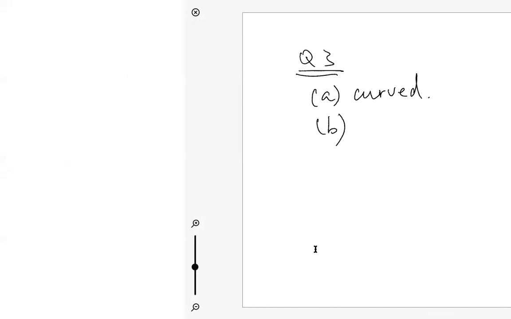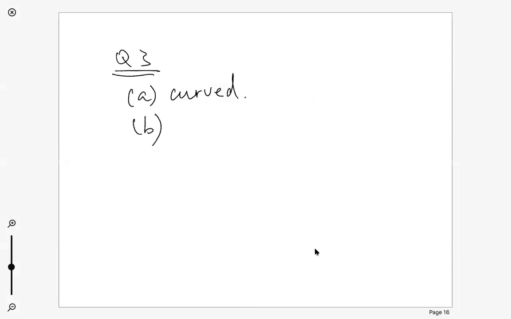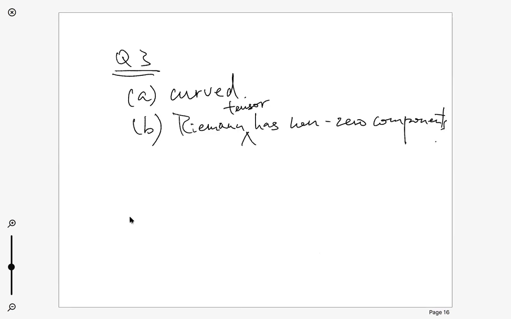You said Riemann tensor. Good. Riemann tensor has non-zero components. What about the Christoffel symbol? Winky said both. Is there anybody who disagrees or agrees?